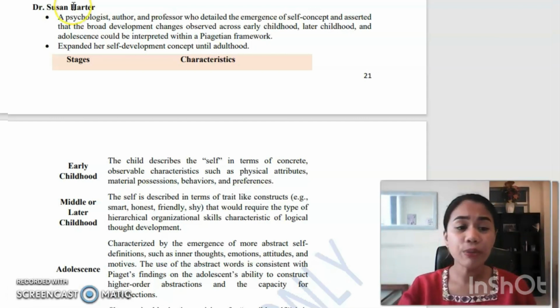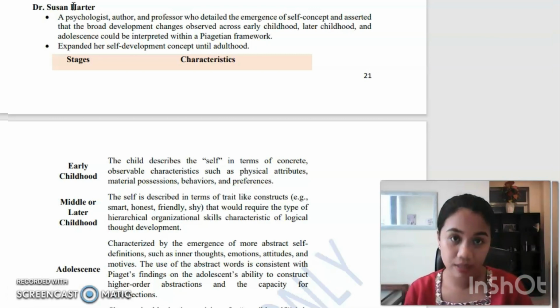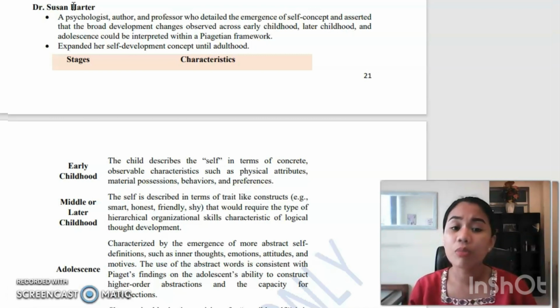Now, here comes middle or later childhood. It's the stage wherein you describe yourself in terms of trait-like constructs. For example, you are smart, honest, friendly, and shy.